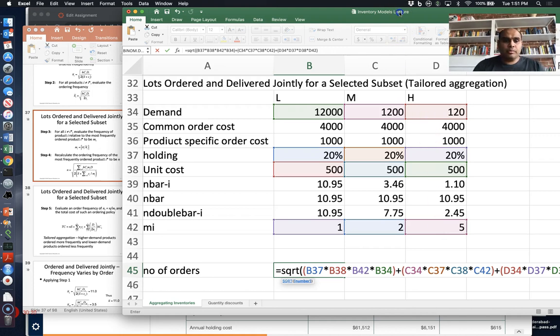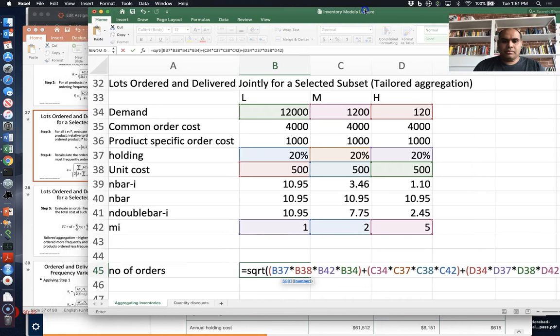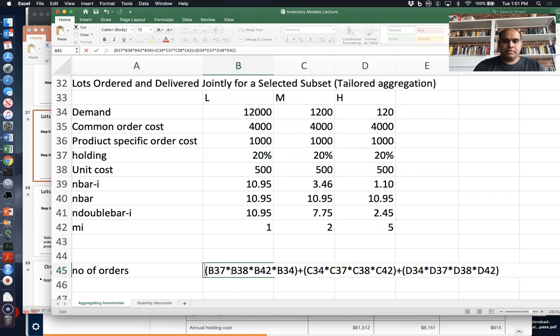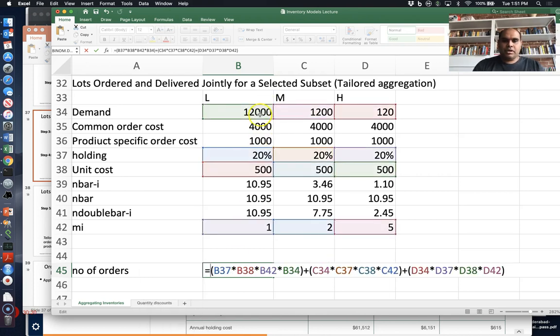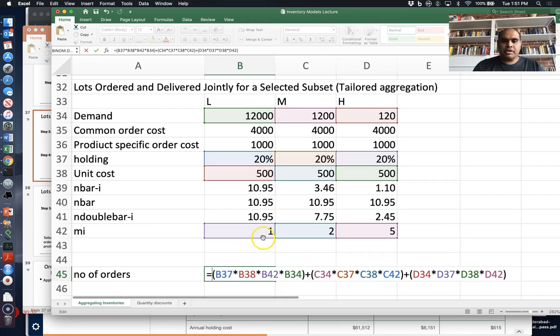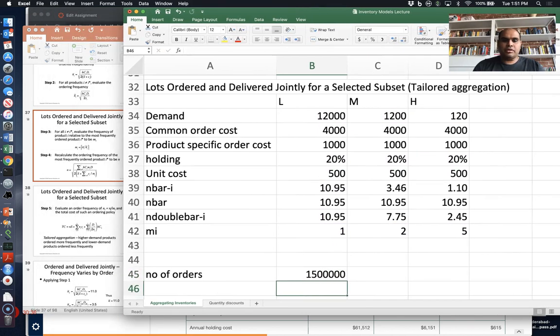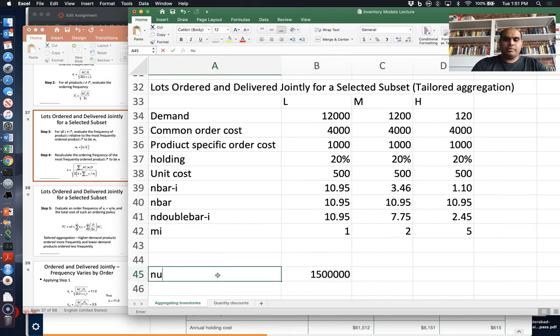So all of this is the numerator. Maybe I'll evaluate the numerator and denominator separately at least. Let me do that. So it's h times c times m times d. You're adding that all up. So that's the, it's not the number of orders. It's the numerator.